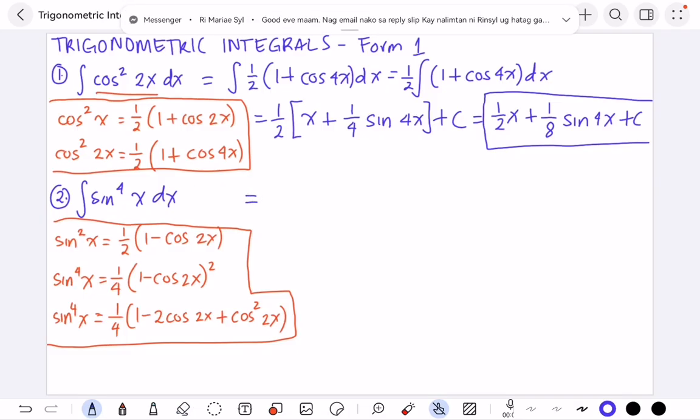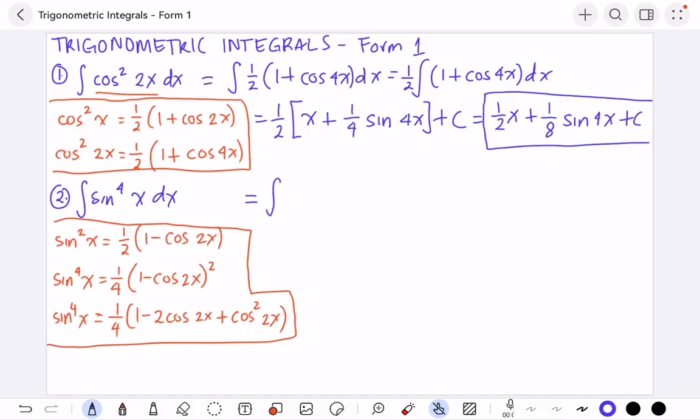So, substituting, we have the integral of 1/4. We have a 1/4, so I will write that outside the integral. 1/4 integral of 1 minus 2 cosine of 2x plus cosine square 2x, integrate with respect to x.